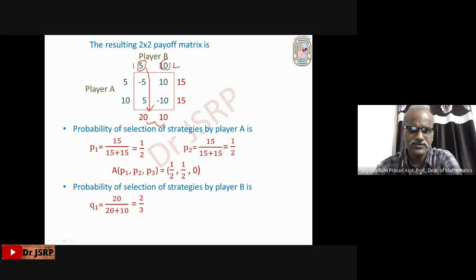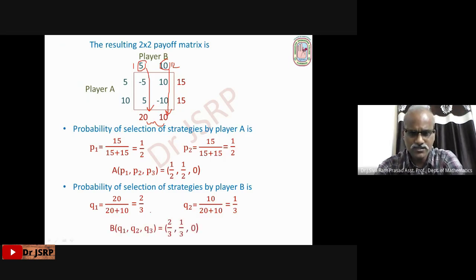So Q2 equals the opposite value 10 by 10 plus 20, that is 1 by 3. So Q3 is 0 since the third strategy is eliminated for player B. Therefore B of Q1, Q2, Q3 equals Q1 2 by 3, Q2 1 by 3, Q3 is 0, since the third strategy is eliminated. So these are the probabilities of selection of strategies by player B.